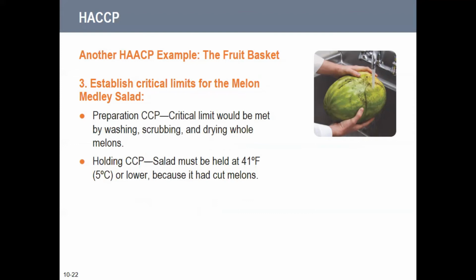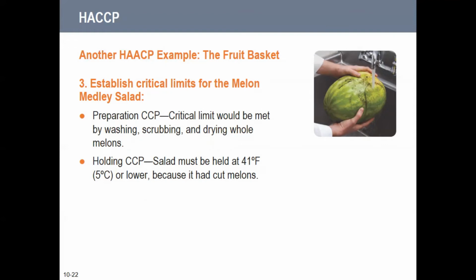They're actually creating a standard operating procedure on how they expect every employee to wash, scrub, and dry the melon. Because no matter who is taking care of that melon, it should all be done the same. And the only way you can do that is by establishing standard operating procedures and requiring that all of your staff follow those SOPs, right?